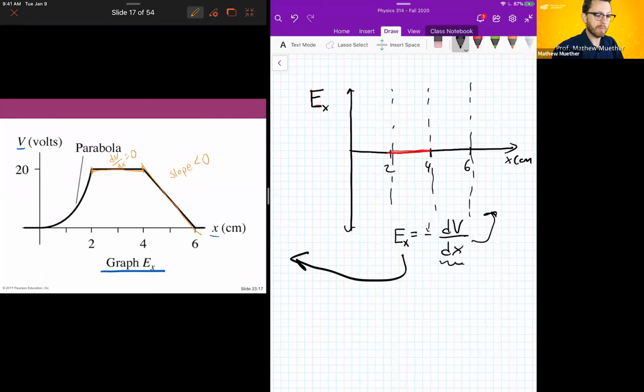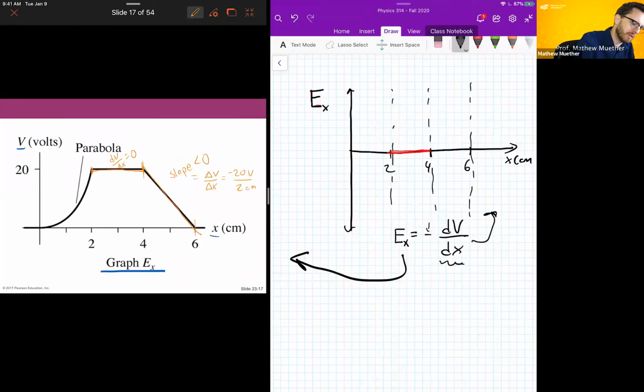I can find the magnitude of that electric field then by finding that slope. Well, since it's just a flat line, the slope is going to be the change in the voltage over the change in position. Well, I can see that I change by 20 volts as I move 2 centimeters. I drop by 20 volts as I move.